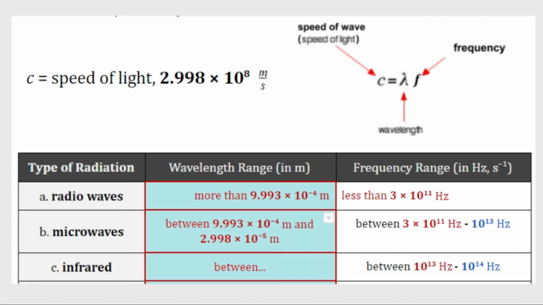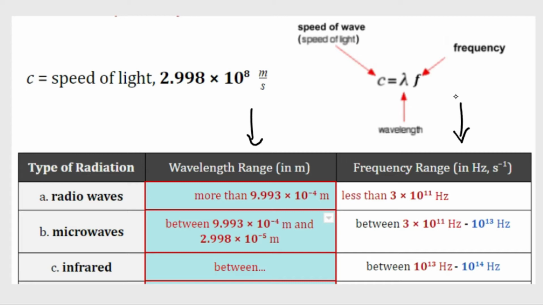And each time the length is affected, the frequency is going to be changed. So you can understand these waves in one of these two ways, because once we know the frequency, we can solve for the wavelength. Once we know the wavelength, we can solve for the frequency of any different type of electromagnetic radiation.